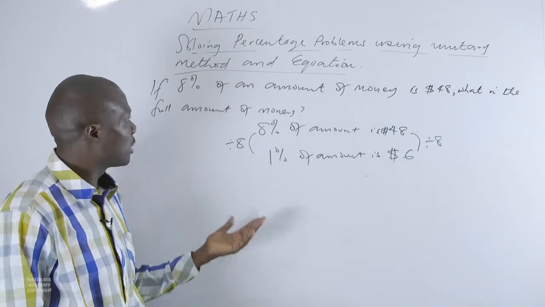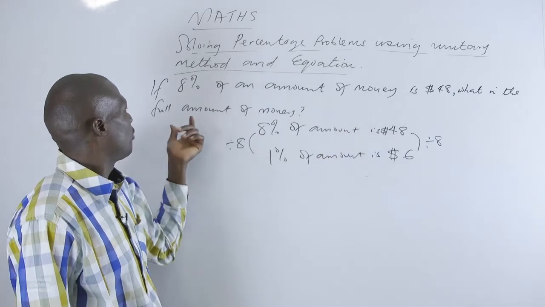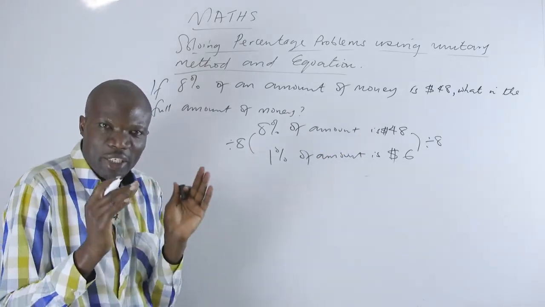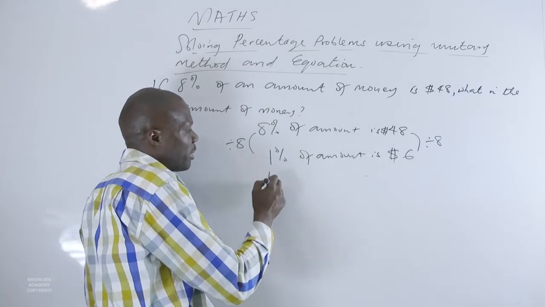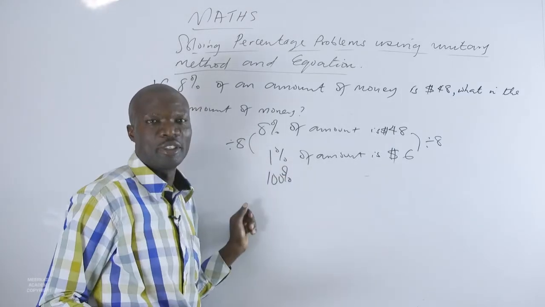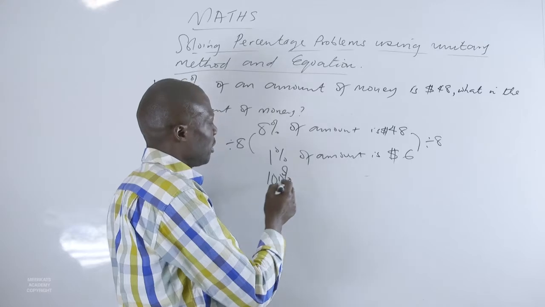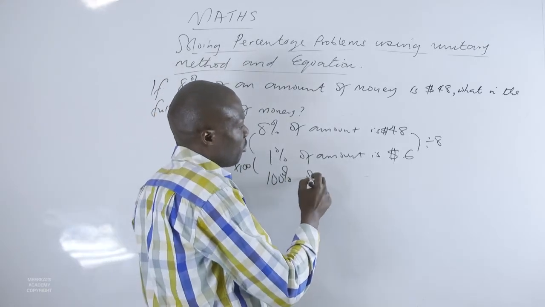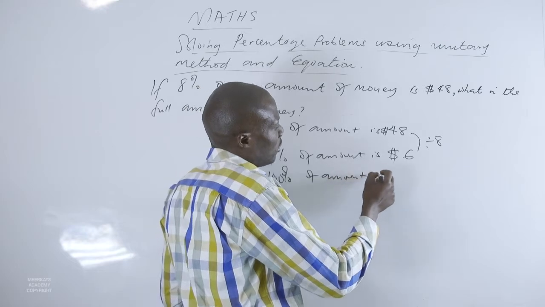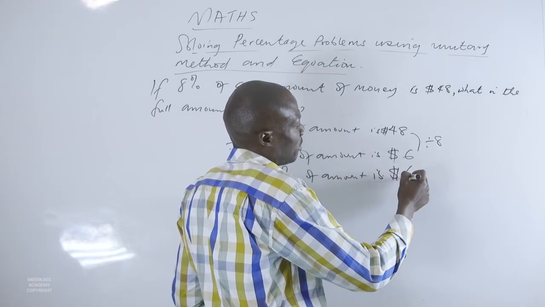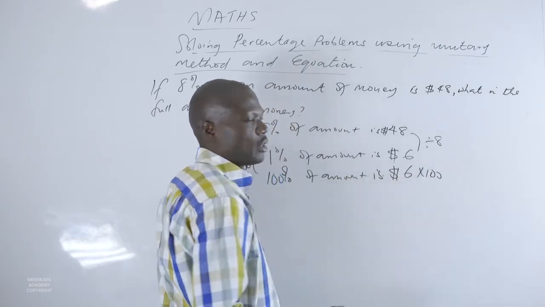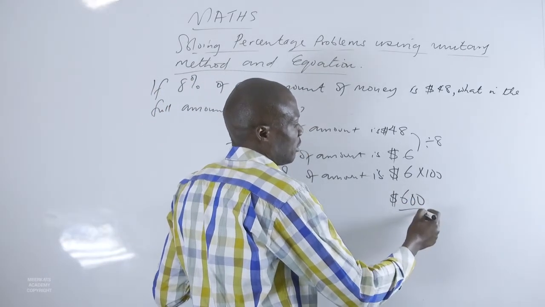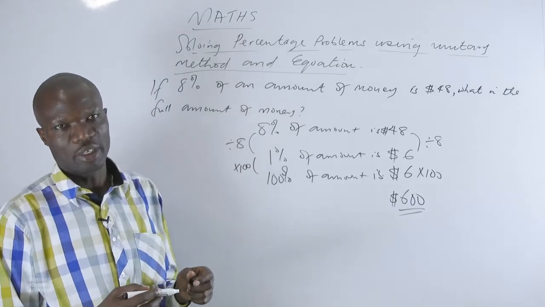Then the question is asking us to find the full amount of money. To find the full amount of money, which is the same as 100%, we multiply this by 100 to get 100% of the amount. $6 times 100, which is $600.